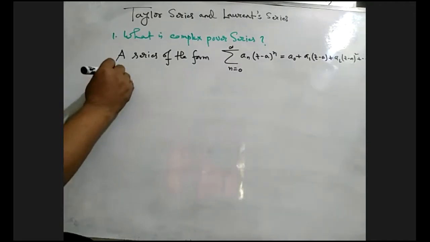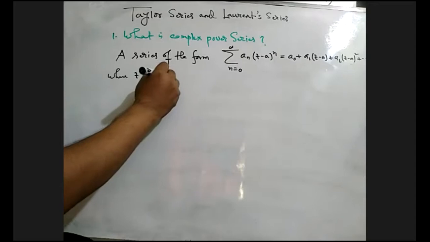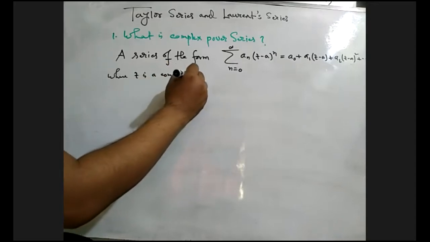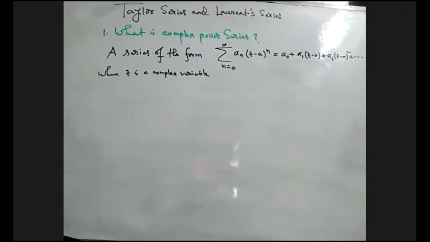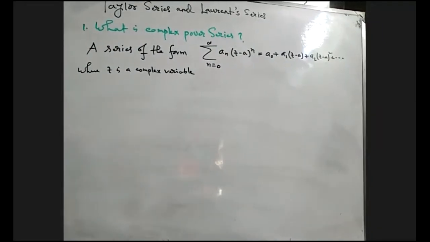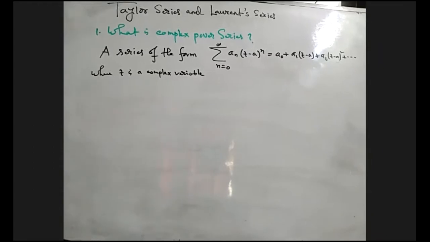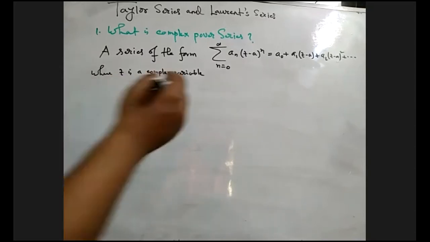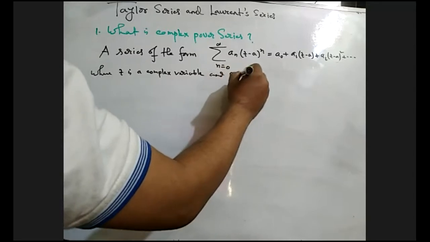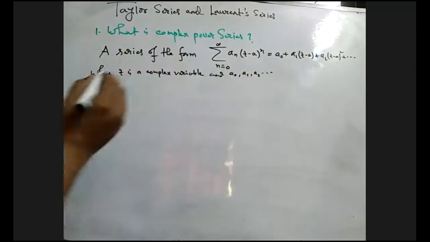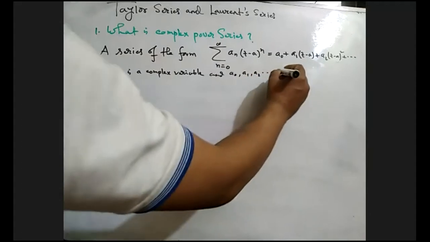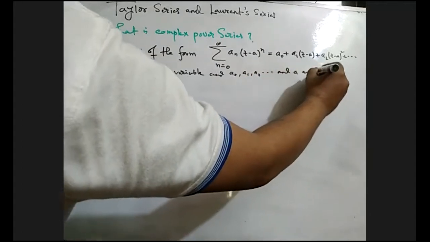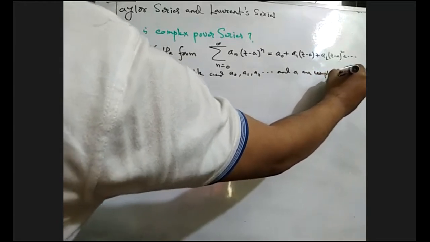Where z is a complex variable, and all the a n are complex constants. That is, a naught, a1, a2, dot dot, and a are complex constants.